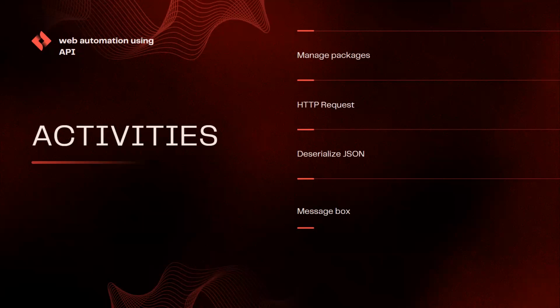Then using deserialize JSON, your data will be converted from JSON to string and then to object, so that your message box can display the output for you. These are the common activities you will work with. I'll show you how it works, and then we can start doing the exercise.